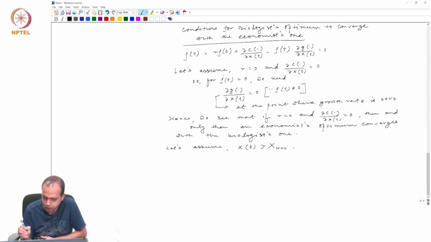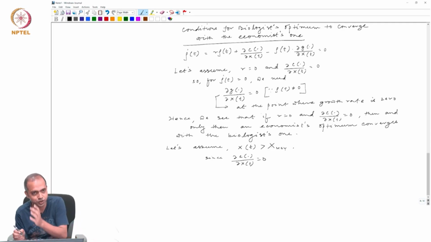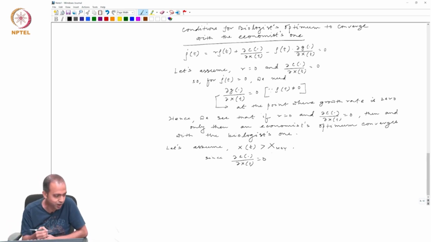So, since del C dot del xt is actually 0, there is no point in holding a stock which is greater than x MSY. Okay? There is no stock effect. Why should I hold more stock than what is x MSY? So, the stock will come down to x MSY only. Okay? Right?